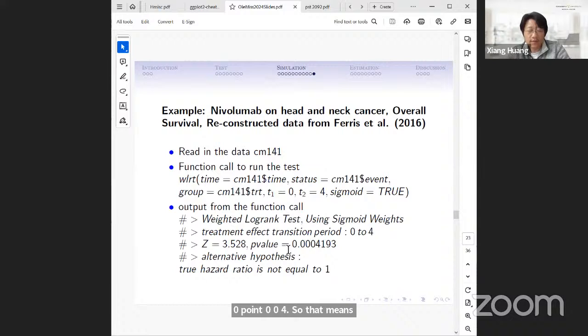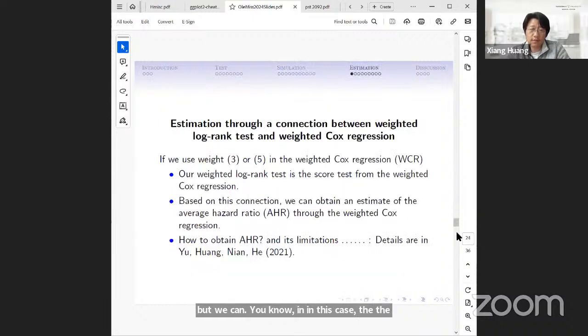For the hypothesis testing, that means the true hazard ratio is not equal to 1. So there is a delayed treatment effect, and in this case the alternative hypothesis is accepted.